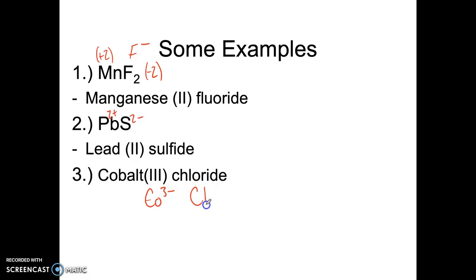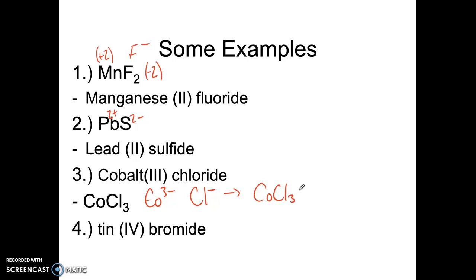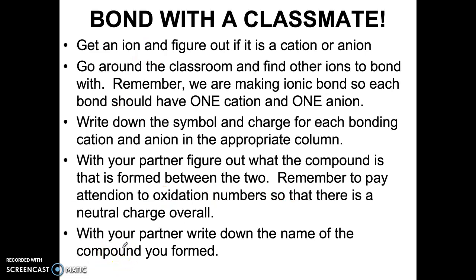And then we have chlorine is a -1. So we need to have 3 of these. So we'd have CoCl3. Nice. And then our last one is tin bromide. This one's going to have 4. Bromine has 1. So we're going to get tin, 1 of those, and 4 bromines.